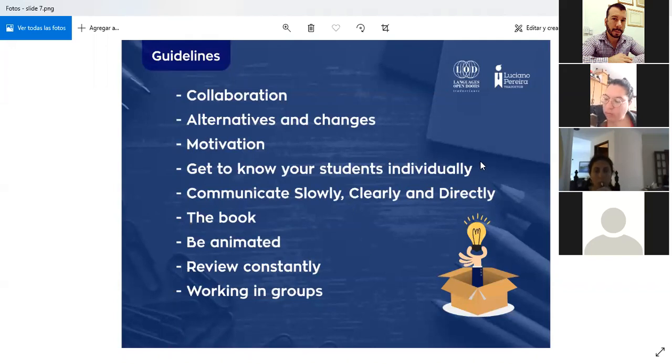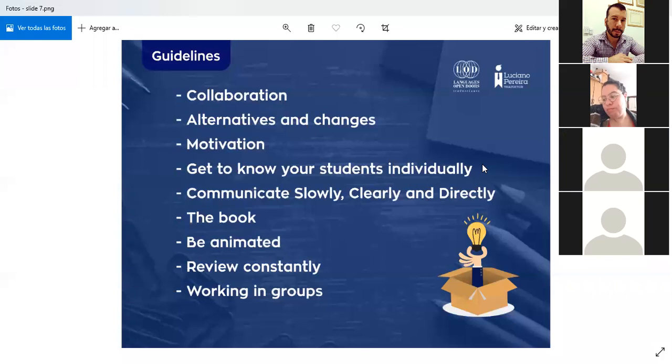With different activities, you can get that information. And once you have that, you can bring to your classroom, for example, videos related with their profession, articles related with what they do, with what they like. And that is a very useful way to keep your students engaged.